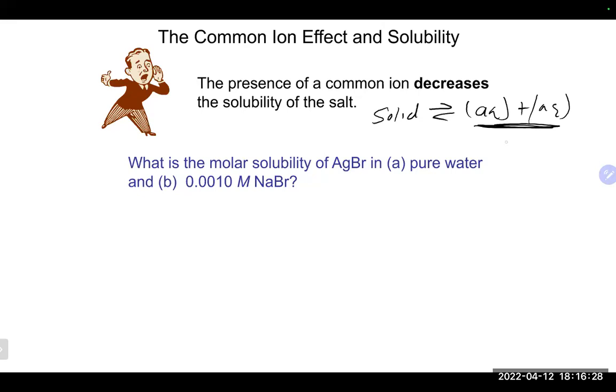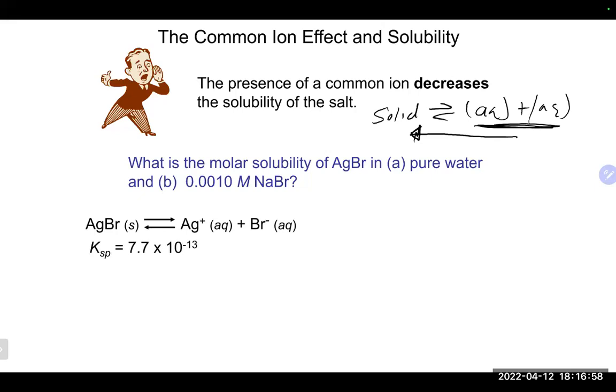Based on Le Chatelier's principle, if we add more product, it should shift to the left, toward the solid, so not much is going to dissolve. We decrease the solubility of that salt because it's being pushed back together. We can see that with an example like silver bromide.